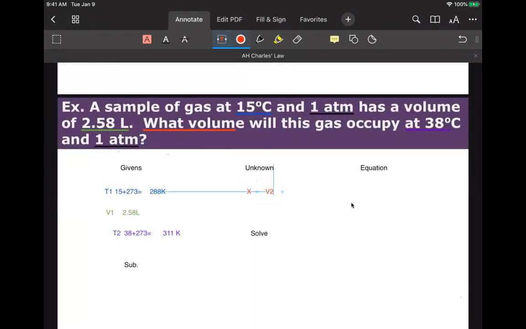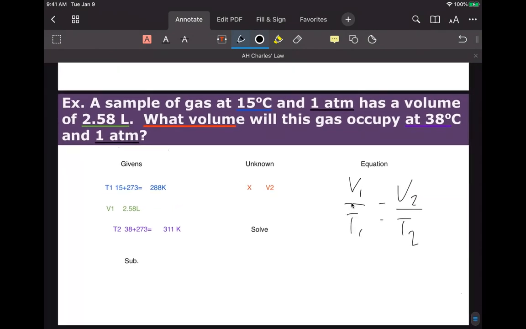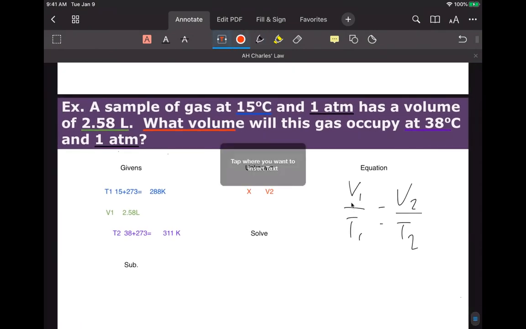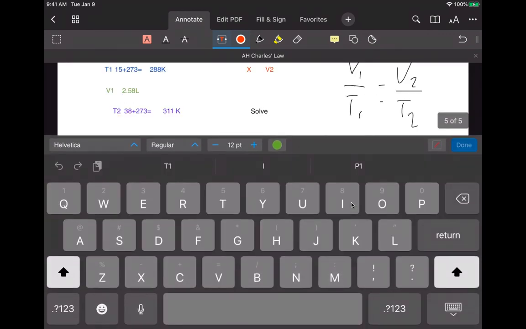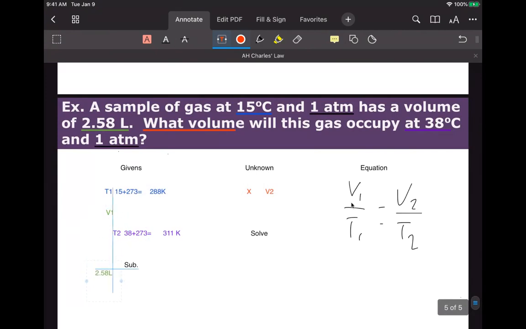The equation for Charles's law, I'm going to write it out, so my apologies for handwriting, is going to be V1 over T1 is equal to V2 over T2. As we go substituting here, we're going to start with V1. Our V1 is 2.58 liters.